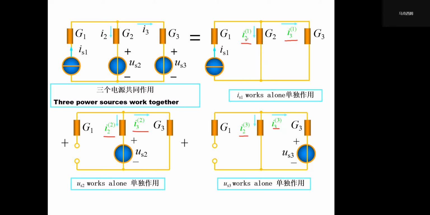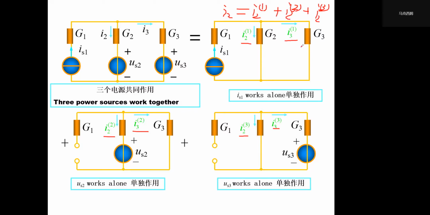And when we want the final I2, we have I2 equals I2 1 plus I2 2 plus I2 3.